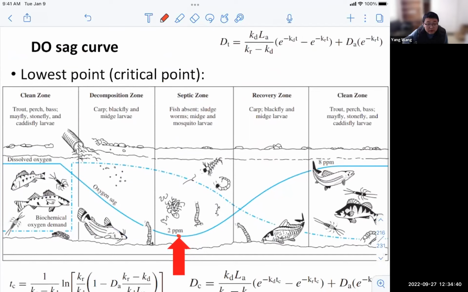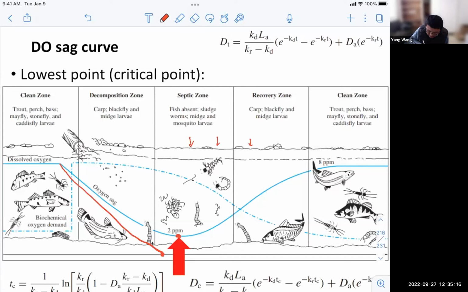People are going to be very interested in this lowest point, the point that has the lowest dissolved oxygen concentration or the highest oxygen deficit, because we want to make sure that this lowest point has sufficient oxygen so that some bacteria can still live in there. One thing we definitely want to avoid is to have this curve decrease all the way down to zero. If it's decreasing down to zero, then it's going to take a longer time for the oxygen to get replenished back into the system.